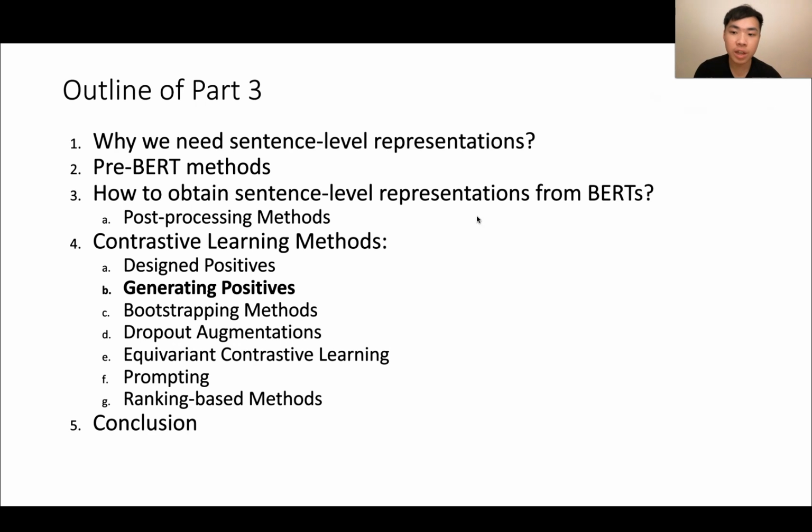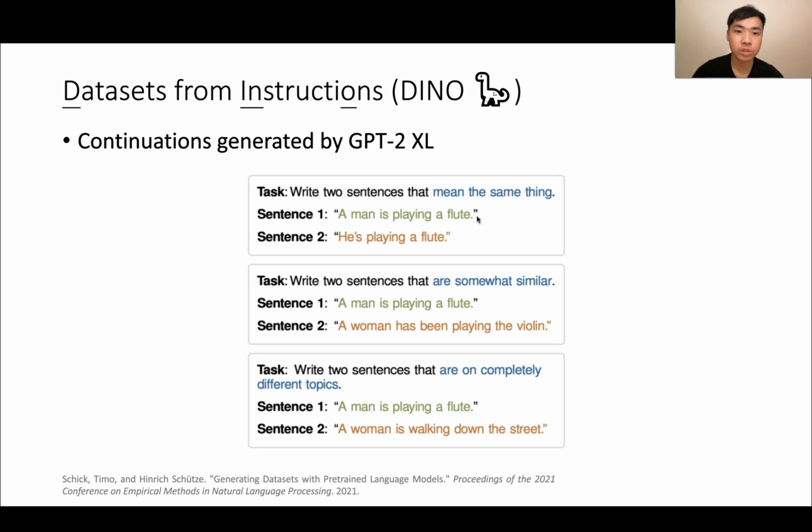Besides designing these positive pairs, we can also try to generate the positive pairs from another language model. In this paper, DINO, they try to generate the positive pairs with GPT-2 XL.